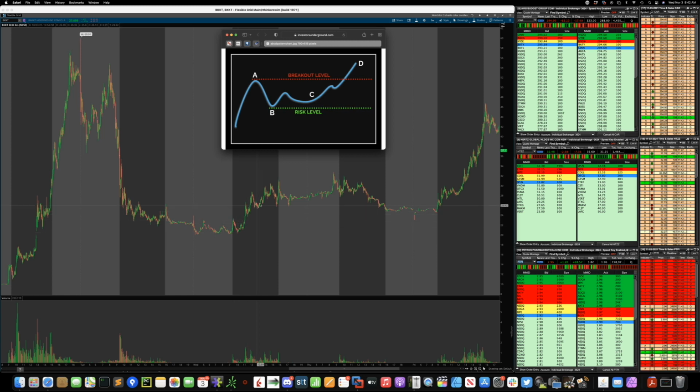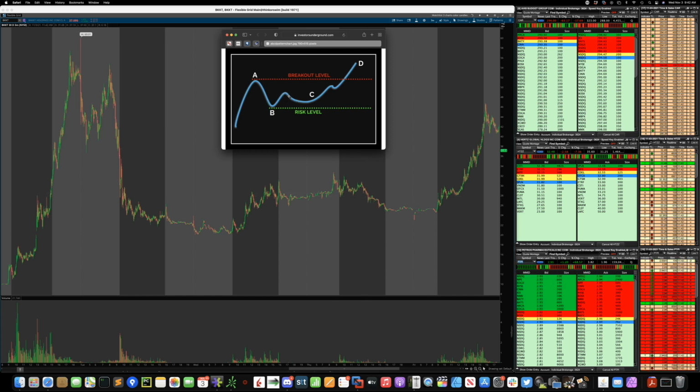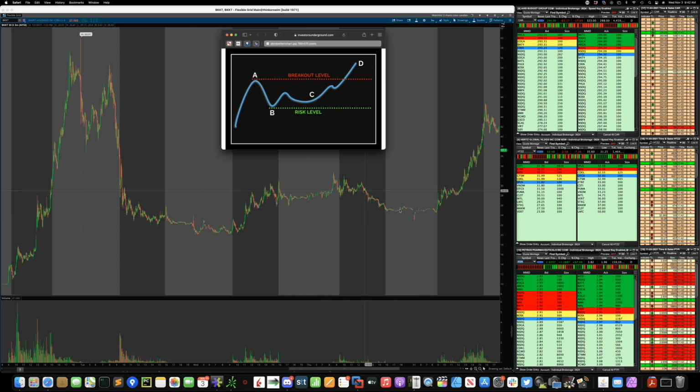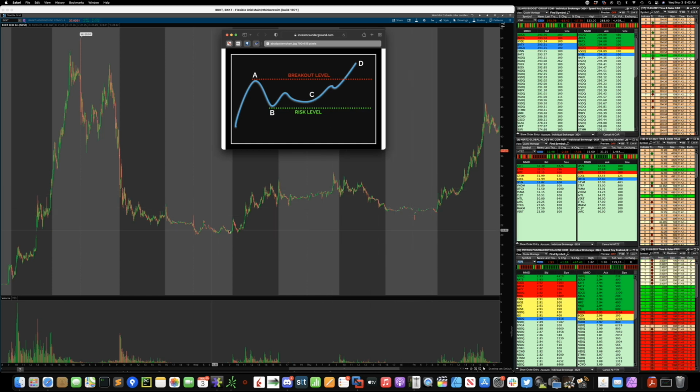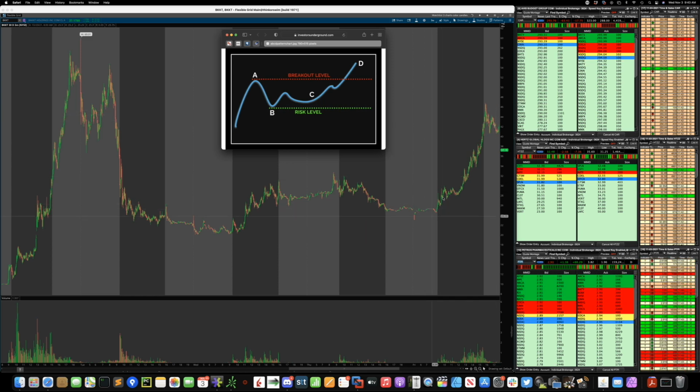We had this bounce, but we didn't really come anywhere near testing that high. That's this little bounce here in the middle. And then we pulled back and set a higher low. So we bounce, we pull back, higher low here, and then we get the run from C to D.